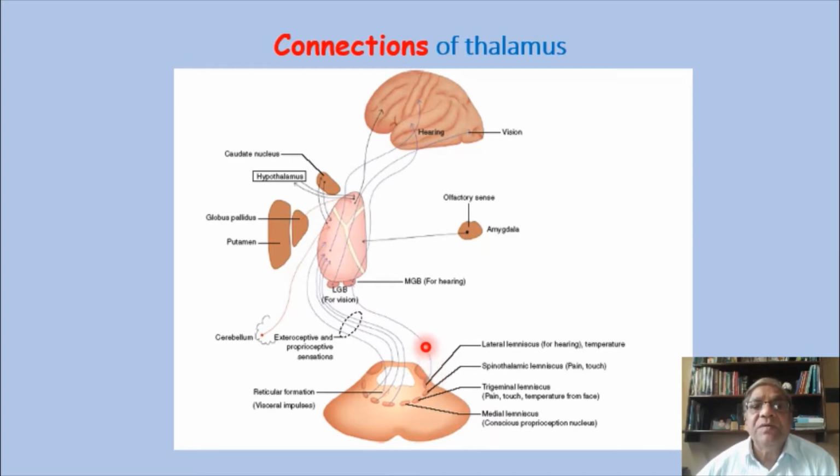They are brought from the internal ear ultimately to the lateral lemniscus, which will relay into the medial geniculate body, and then the efferent fibers go to relay in the cerebral cortex, into the superior temporal gyrus at this place. In the superior temporal gyrus is where the higher center of hearing is located.